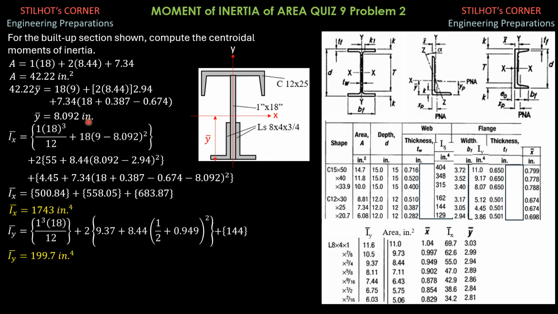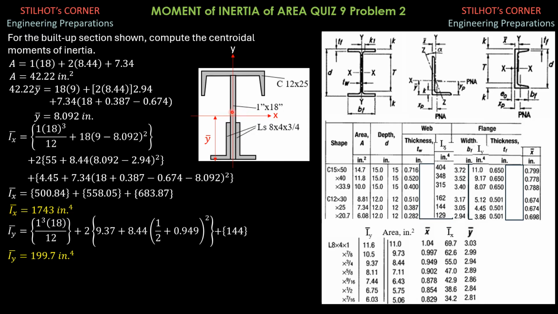Then we now compute I bar x. We have to transfer all the elements. Beginning with the rectangular plate, the moment of inertia is base 1 inch, height 18 cubed, over 12. Then plus the area of that plate, 1 times 18, times the distance squared.